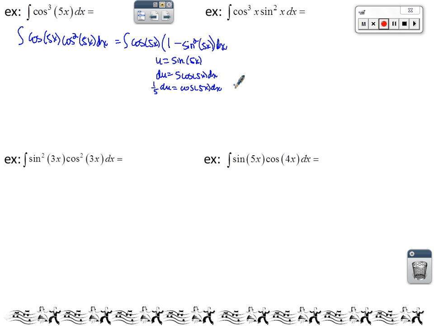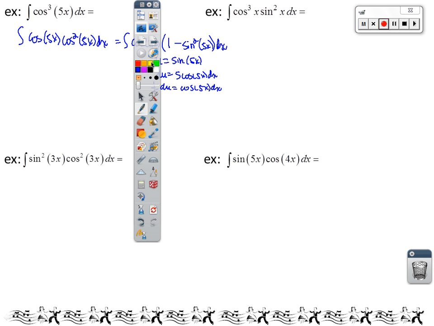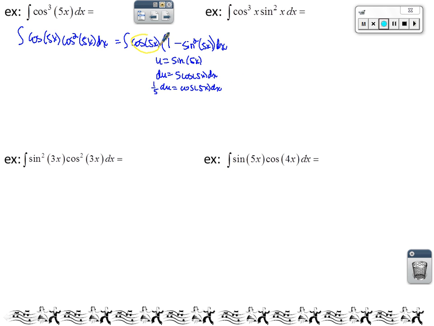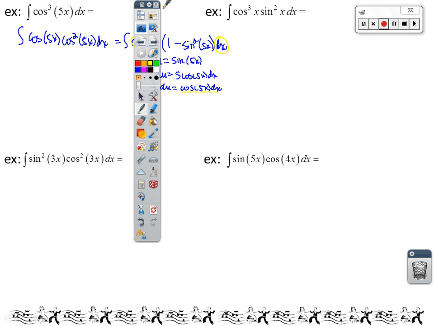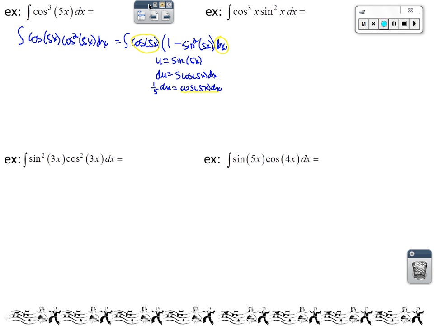So this part, the cosine 5x and the dx, is going to be replaced with the 1/5 du. So we have 1/5, that part goes away, and then we'll have 1 minus u squared du.